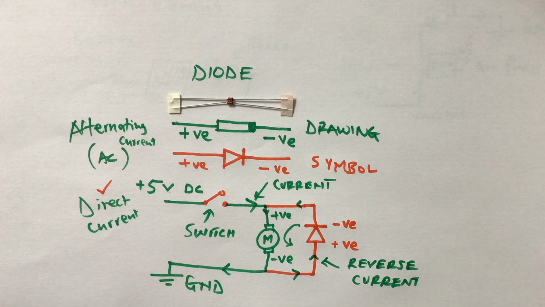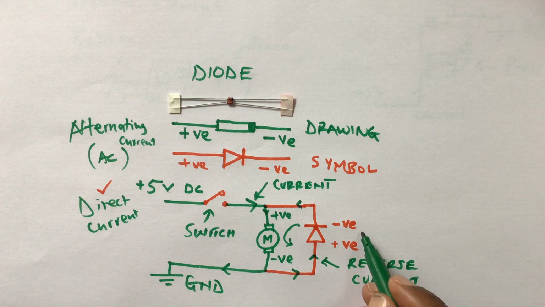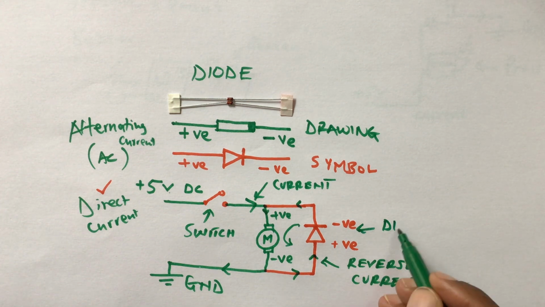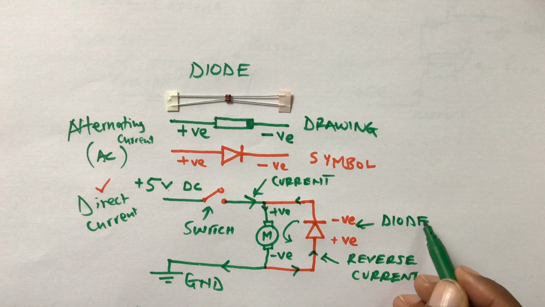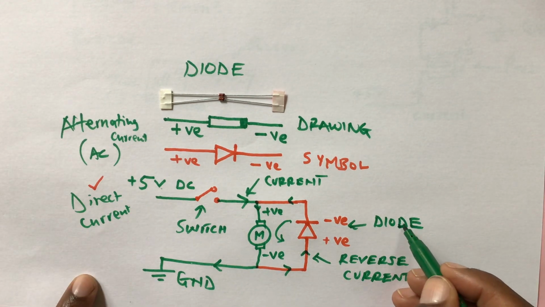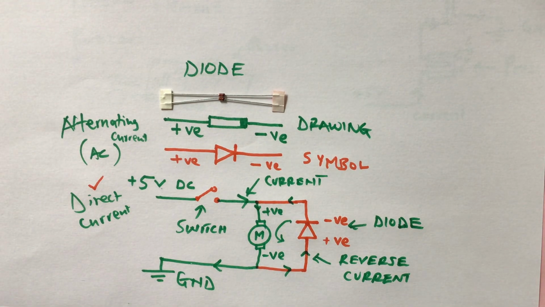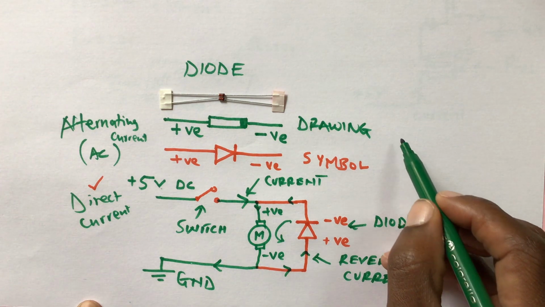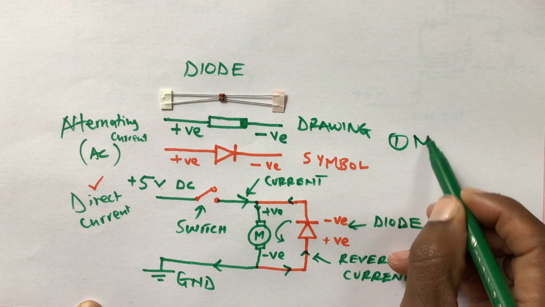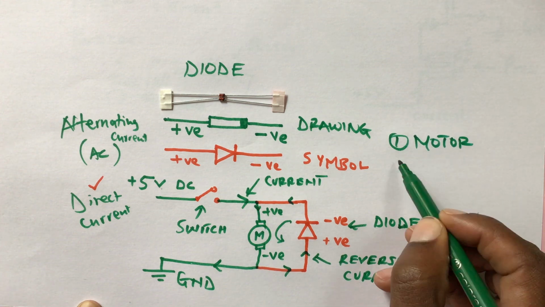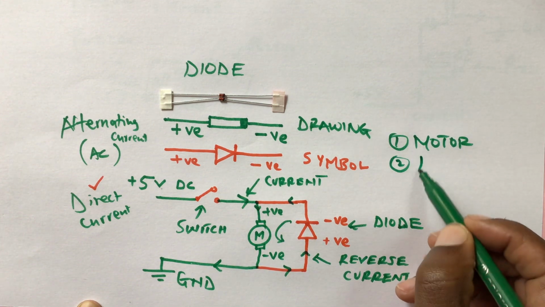So a good practice is always having a diode attached. Always have a diode attached to anything having a lot of windings. This can be one, a motor, or two, a relay.